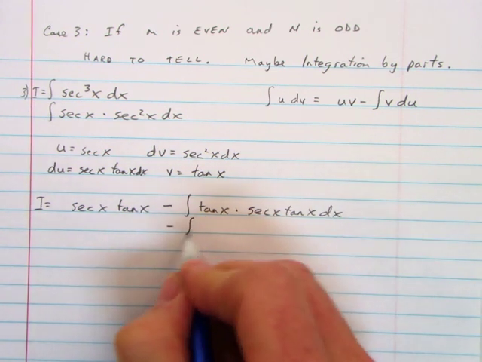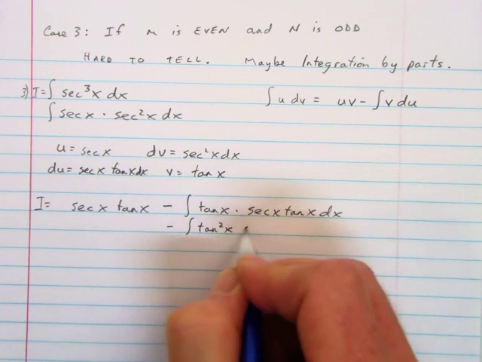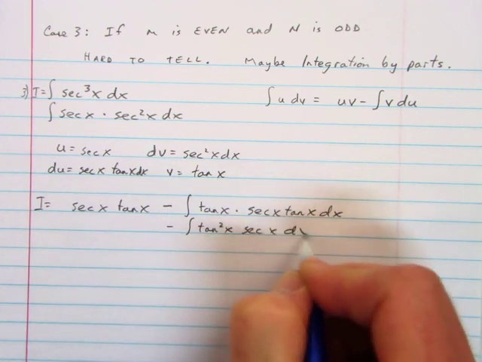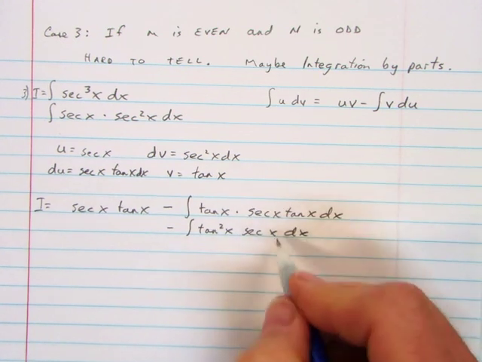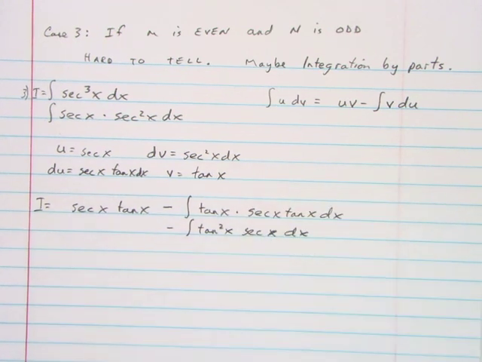Simplify that, and we'll have tan squared x times secant x dx. Now how do we integrate this thing?